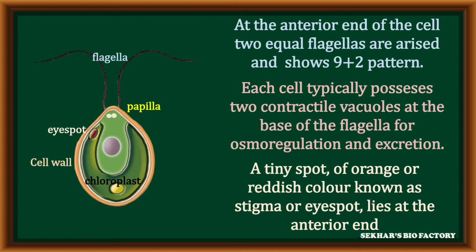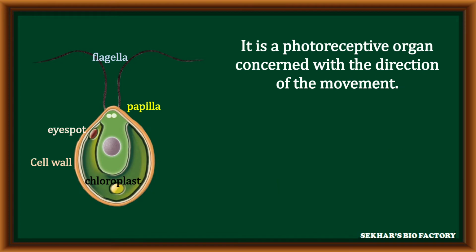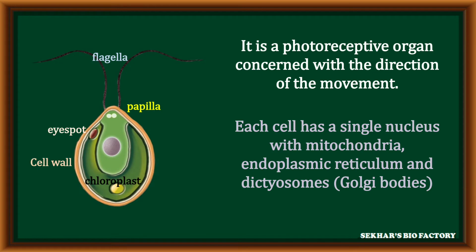It is located at the anterior end. This eye spot is a photoreceptive organ concerned with the direction of movement in Chlamydomonas. Each cell has a single nucleus with mitochondria, endoplasmic reticulum, and dictyosomes called Golgi bodies.